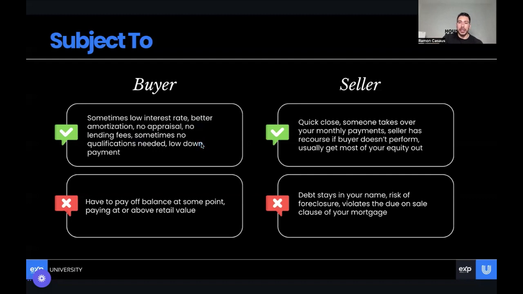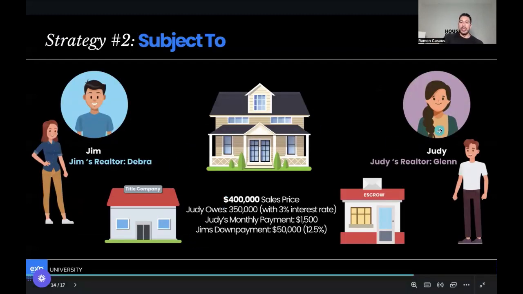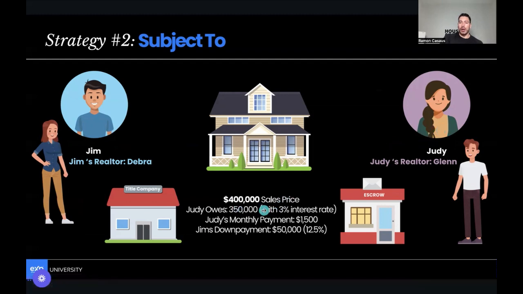Better amortization, going right back to the same scenario. Okay. Remember, Judy owned this property for 2 years. That means she's been making principal and interest payments on this property for 2 years. Amortization schedules are front loaded with interest. And as time goes on, the interest dwindles down, right? More principal, less interest.